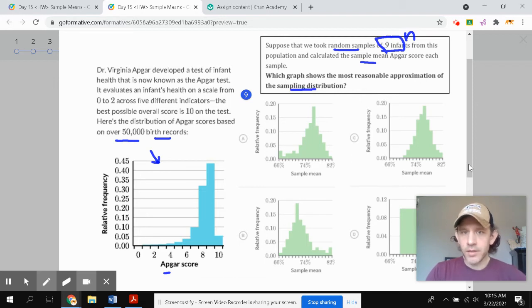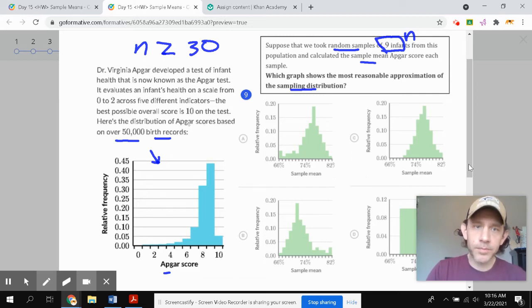The first check is to see if n is greater than or equal to 30. Because if that holds, then we will know the sampling distribution to be approximately normal. In this case, an n of 9 is not greater than or equal to 30.